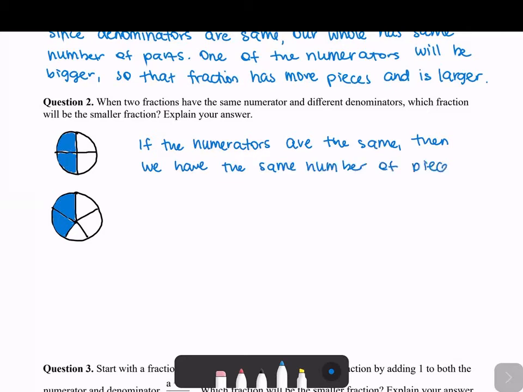So since the numerators are the same, we have the same number of pieces. Since the denominators are different, we have different sized parts.